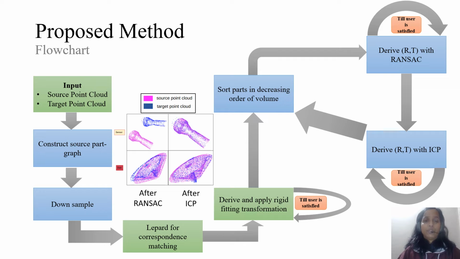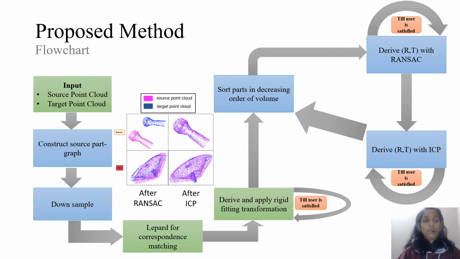The area of interest in the target point cloud is determined as an axis-aligned bounding box whose extremities cover the axis-aligned bounding box of the source part and all the corresponding points in the target point cloud for the feature points in the source part.